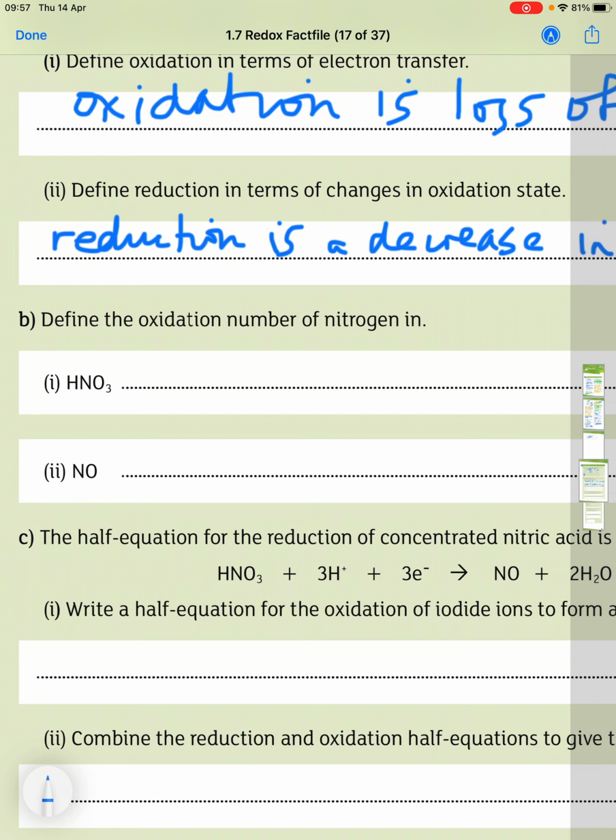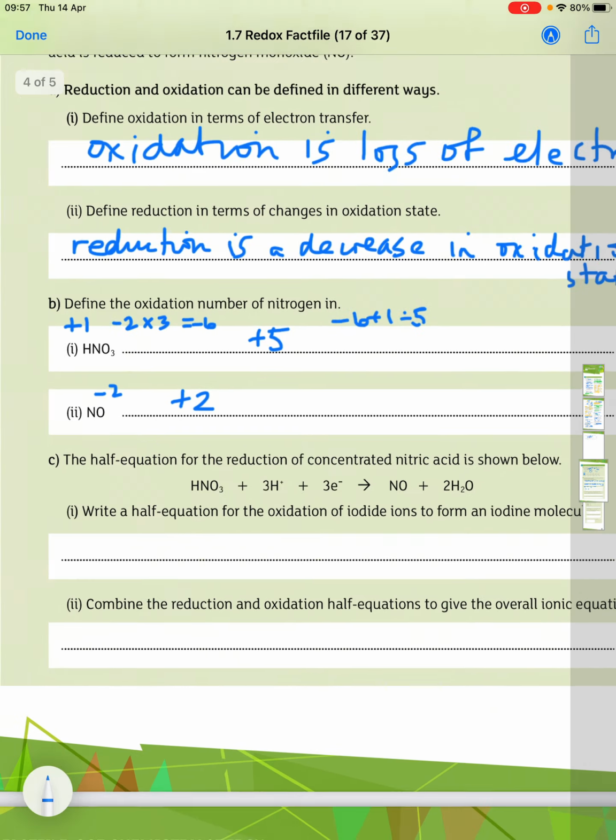Number 1 is HNO3, number 2 is NO. So in HNO3, the hydrogen's +1 and each oxygen is -2. So we've got 3 of those, -6. So overall the nitrogen has to be +5. So it's -6 + 1 is 5. And then in NO, the oxygen is -2, so nitrogen has to be +2. Just realised I left out the plus there, so it's +5 and +2.